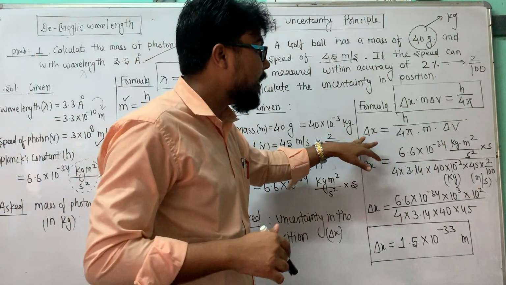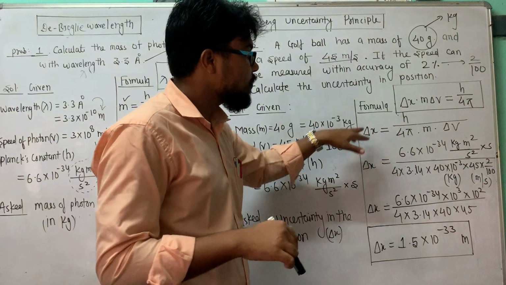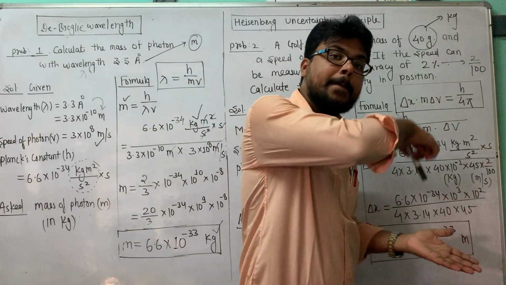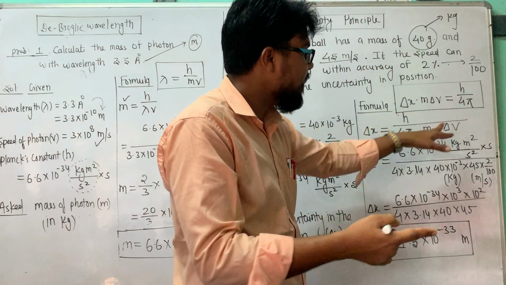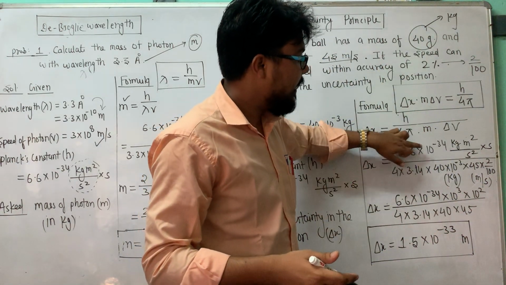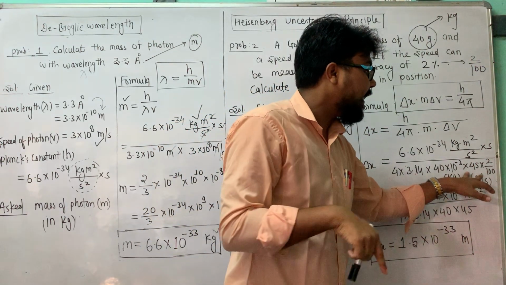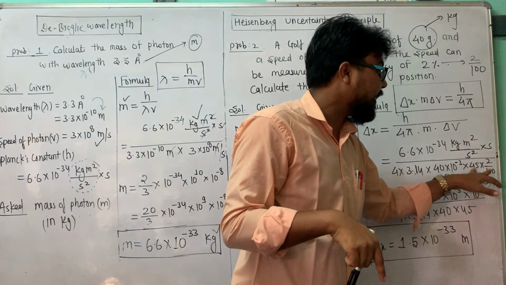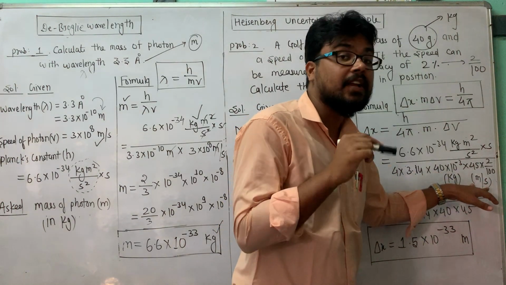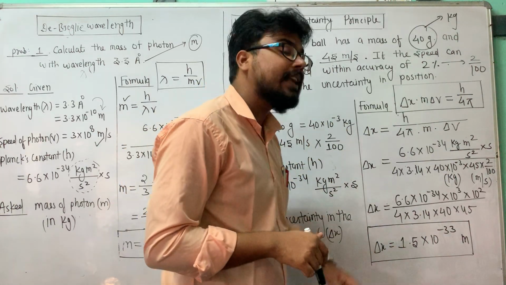In this question we have to calculate delta x. Delta x means uncertainty in position. So the next term will be crossly changed to that side: 4 pi m delta v. Put the value of 4 pi, h, m in kilogram, and 45 meter per second multiplied by 2 by 100, which is accuracy 2%, which is velocity. When you solve, you will get this data.